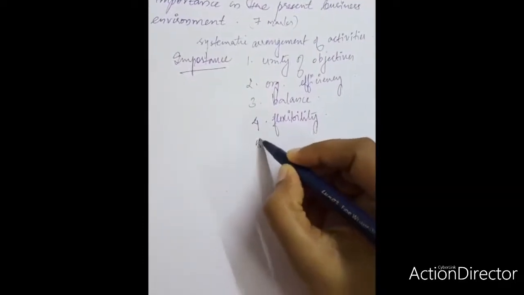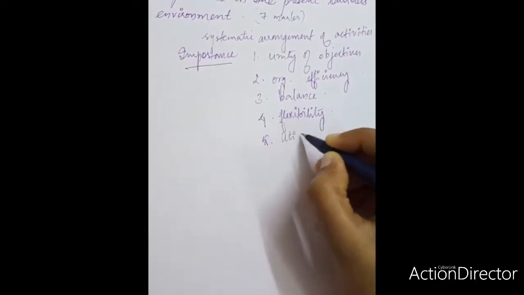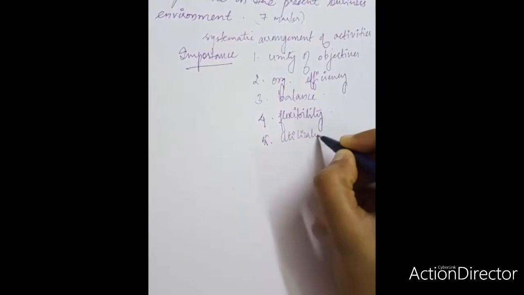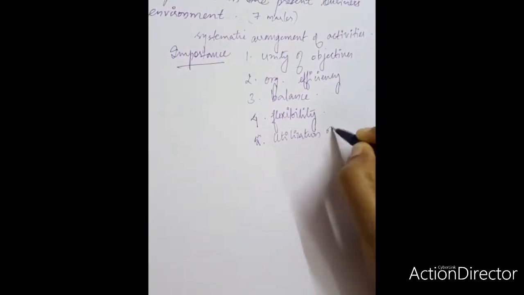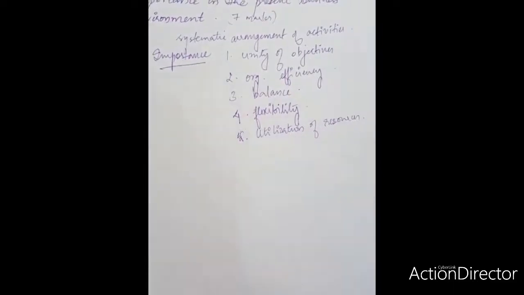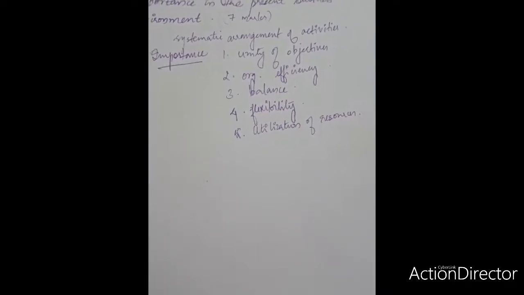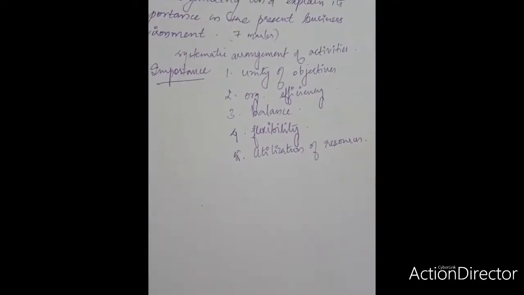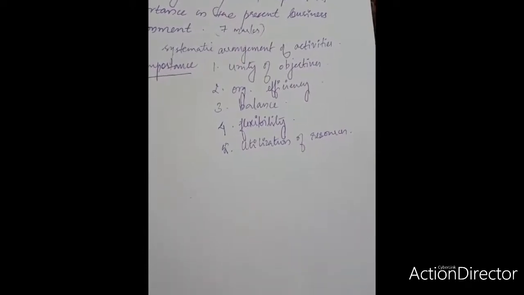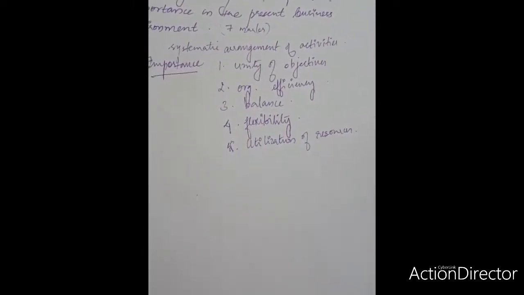Fifth one is utilization of resources. As I mentioned earlier, organizing helps to have optimum utilization of resources through proper resource planning. There is a separate department even to assess the way a company utilizes its resources.